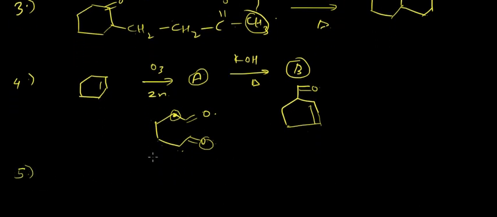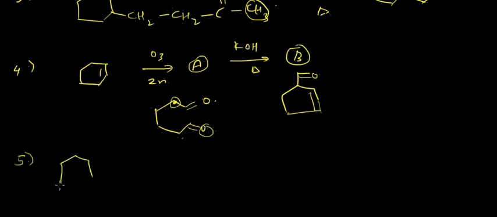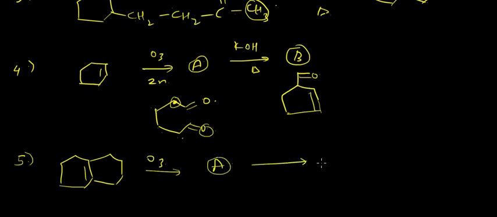Let's see another example. We have something like this, and we react it first with ozone to get product A. Then we react it with KOH to get product B. We have to identify the unknowns.